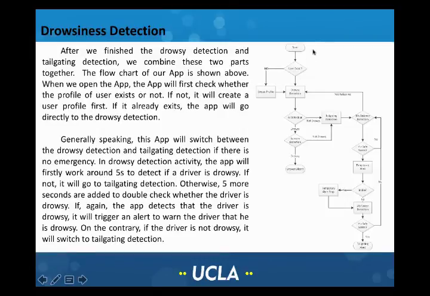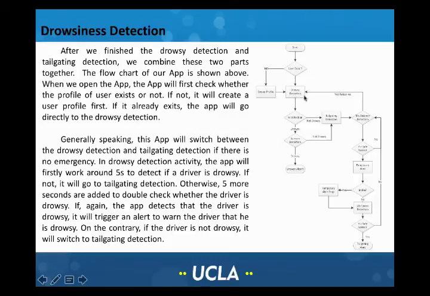When we open the app, it will first check whether the profile of the user exists or not. If not, it will create a user profile first. If it already exists, the app will go directly to the drowsiness detection.